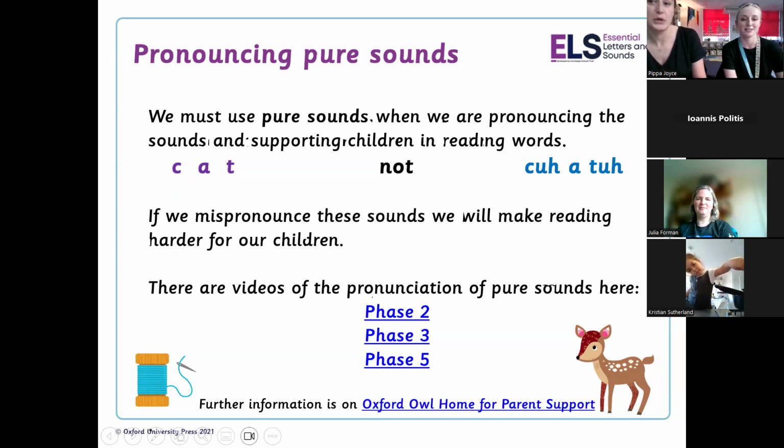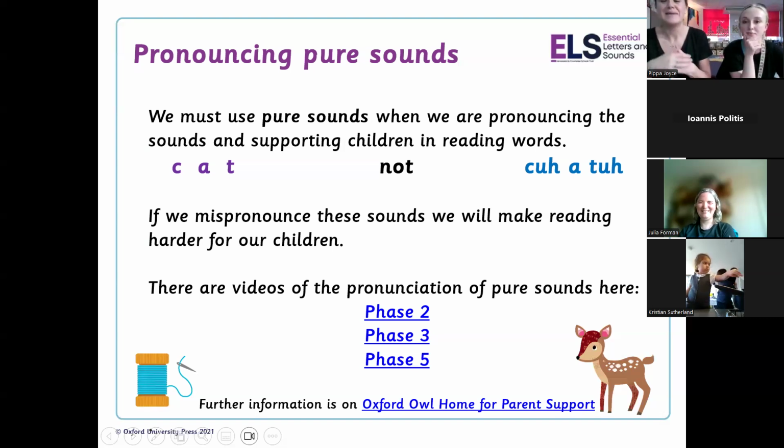So you might have pure with a ure or treasure with a zh. When that one comes up, good luck, because it's not so fun. At the very bottom there's also Oxford Owl parent support. If you ever have any queries, please feel free to ask us. There's also lots of stuff on their website that helps.